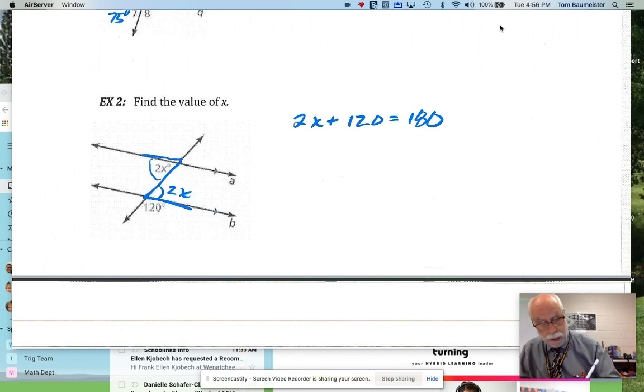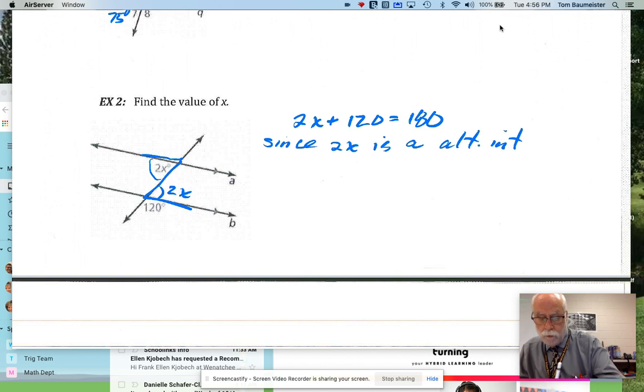Because again, we used the Z angle: 2x is an alternate interior angle, and 2x and 120 form a linear pair.